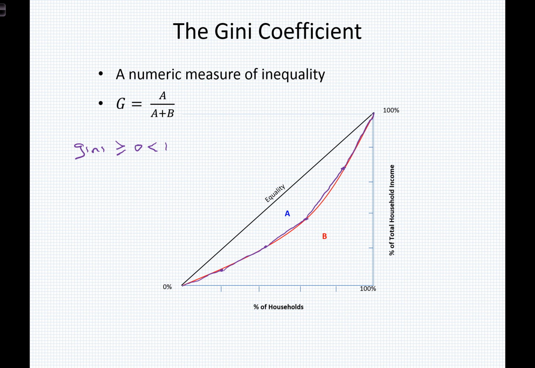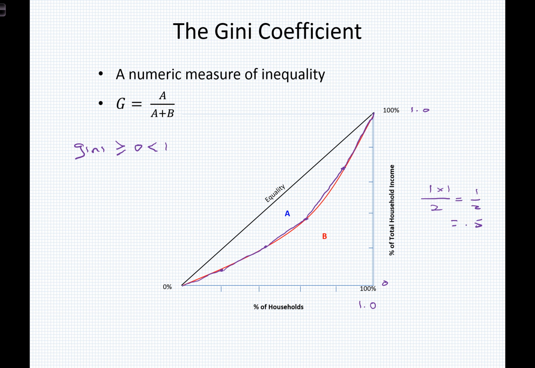But if you think about it, we know what the value of A plus B is. If we go from 0 to 100%, and as I recall, 100% is the same thing as 1.0, and we've gone again from 0 to 100%, so again, 1.0. As this A plus B is simply a right angle triangle, then this becomes 1 times 1, so base times height, divided by 2, or 1 divided by 2, or 0.5.